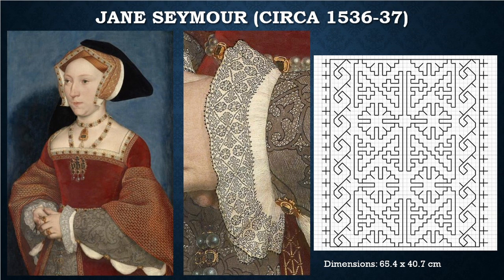And if you see the zoomed in picture, we can see the pattern that is on the cuffs of her sleeves, and I believe this is why people refer to blackwork as Holbein stitch, especially from this particular portrait, because from this portrait, if you look, the detail work is phenomenal, and we can recreate the pattern, which I've done here on the right.